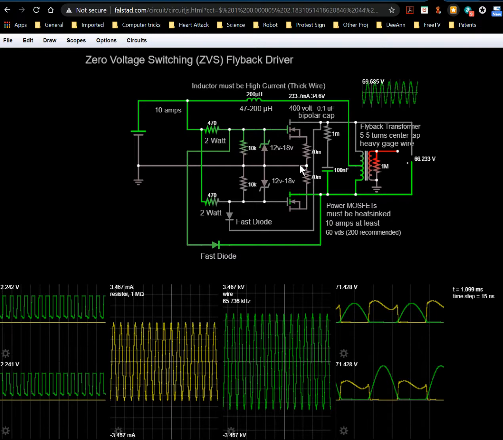So them being on at the same time won't destroy both of them like it could in a shoot-through situation. If you don't know what I'm talking about, look into CMOS totem poles. This isn't like that. It kind of resembles that, but it's not like that, so that can be confusing if you're not used to this stuff. But there's no real danger of shoot-through here, though these could be on at the same time.